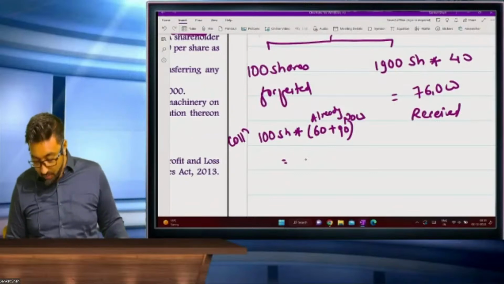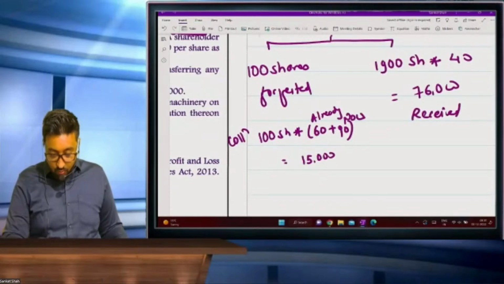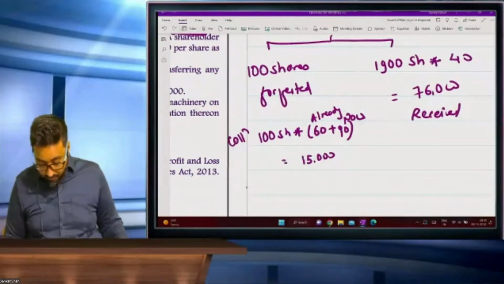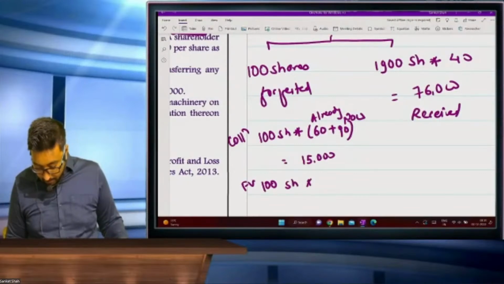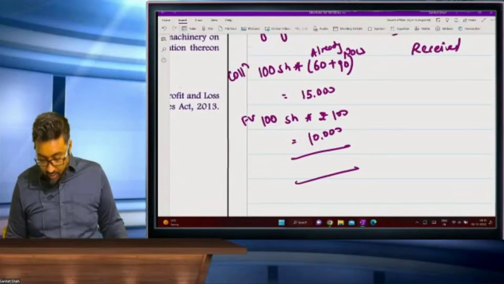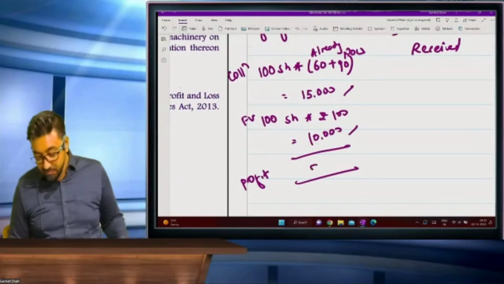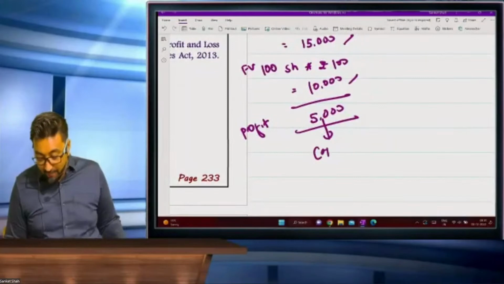So how much amount, beta? 100 into 150. Correct? And what is the face value? 100 shares into rupees 100, 10,000. So beta, profit: your collection and your face value, this 5,000 is your profit and this is transferred to capital reserve.